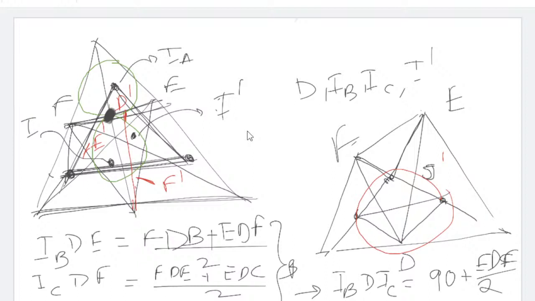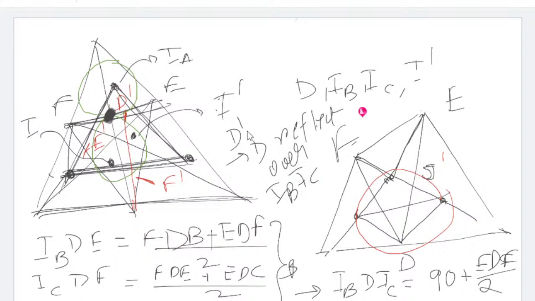Other than that, I'm not very sure. Can you say that again? The lengths are equal, right? D dash is D reflected over IBIC.